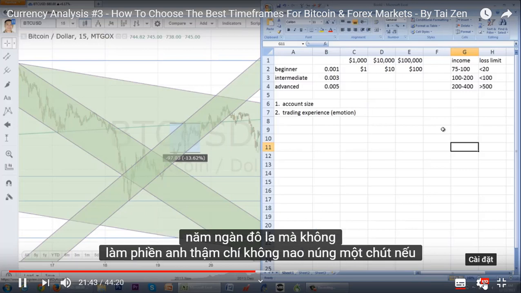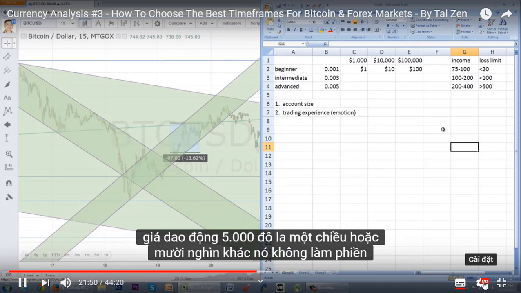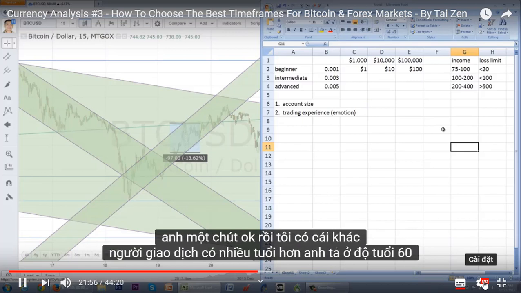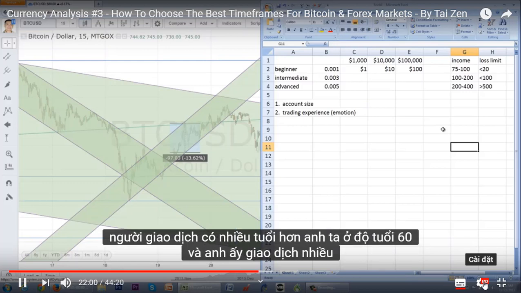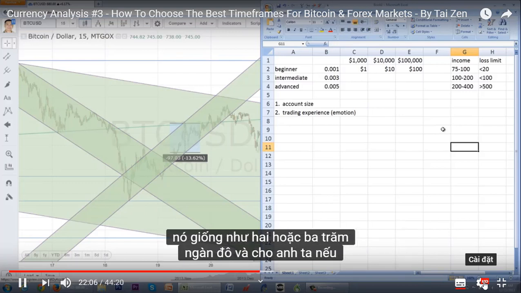He did not even flinch one bit if the price fluctuated $5,000 one way or the other, 10,000. It did not bother him one bit. Then I have another trader who's a lot older. He's in his 60s, and he trades a multi-$100,000 account. I think it was like $200,000 or $300,000.